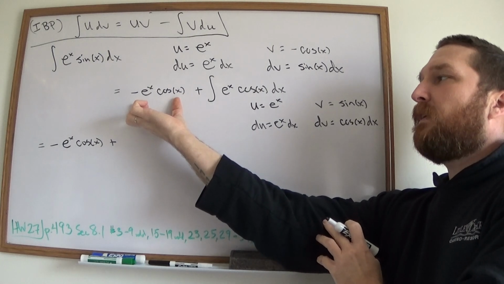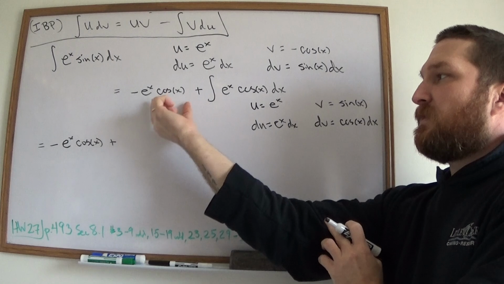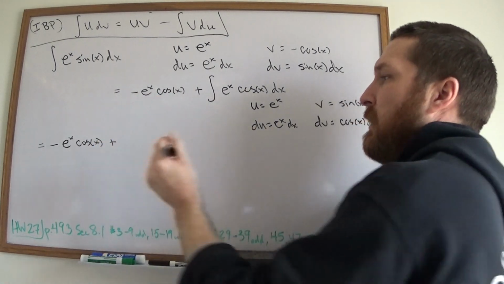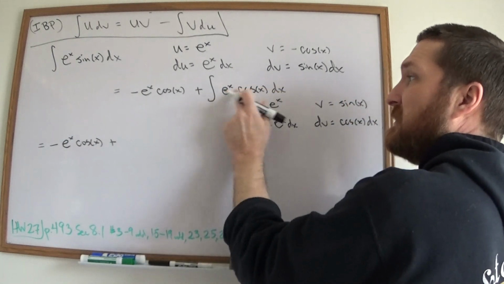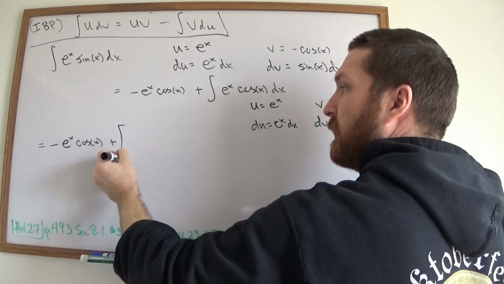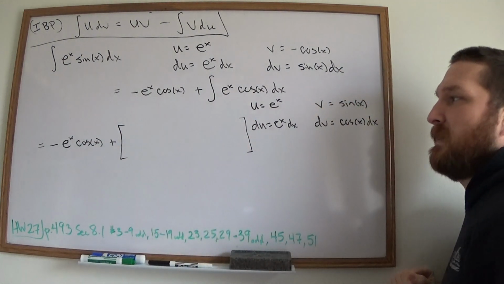It's really, really important that you keep track of everything in this line. And so that's what I'm doing right now. I'm writing this here. And now, plus all of this stuff right here is a new integration by parts. So I'm going to go ahead and do this thing here so that I don't mess this up.